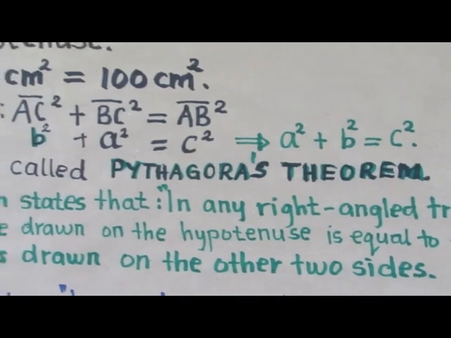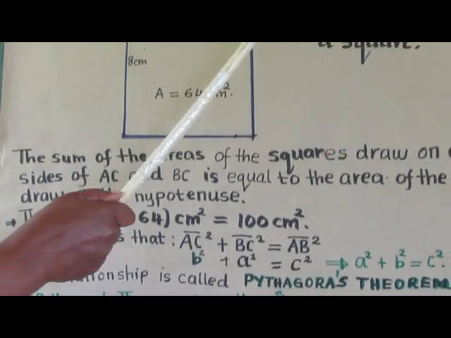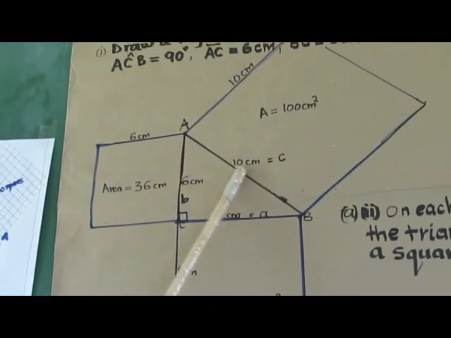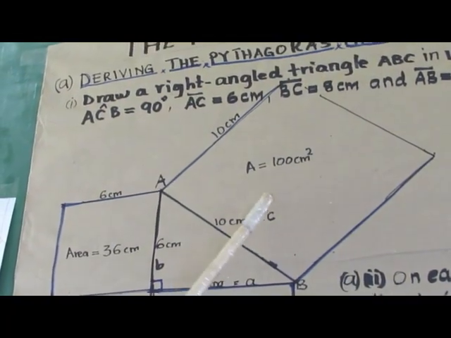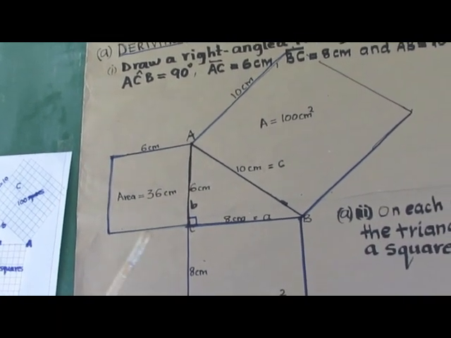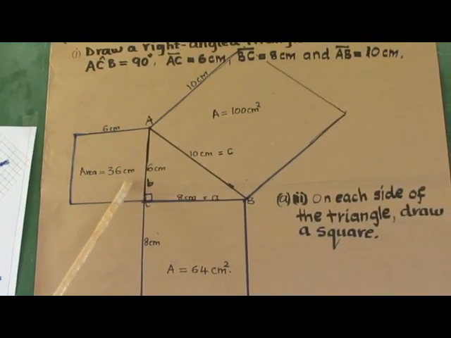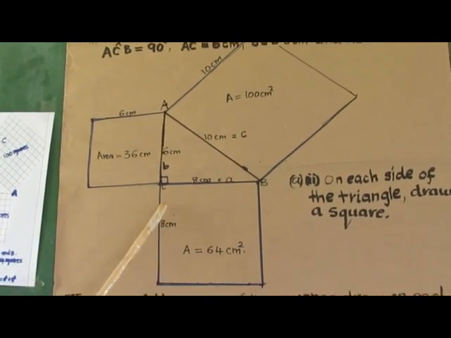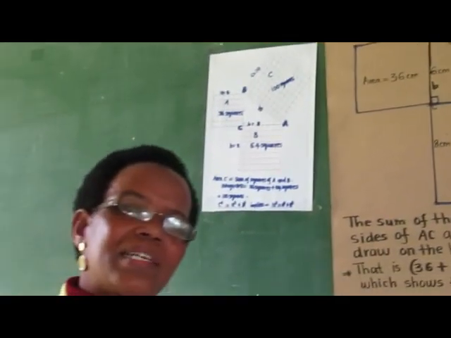This is our square on the hypotenuse, and these are the two squares. So when you add 36 and 64, you get 100. This is the first way of stating the Pythagoras theorem.